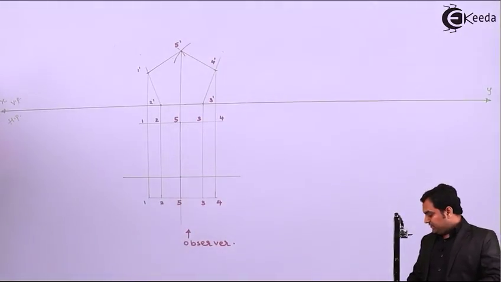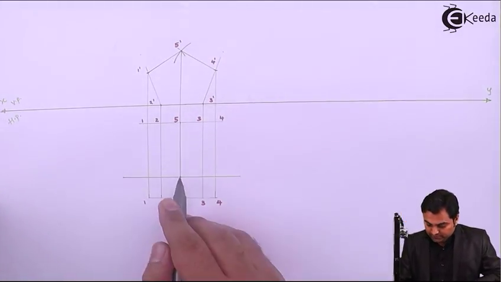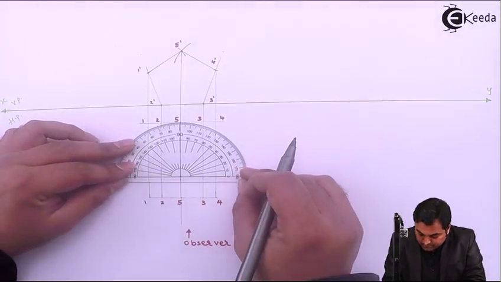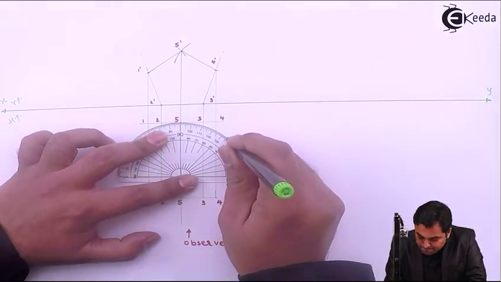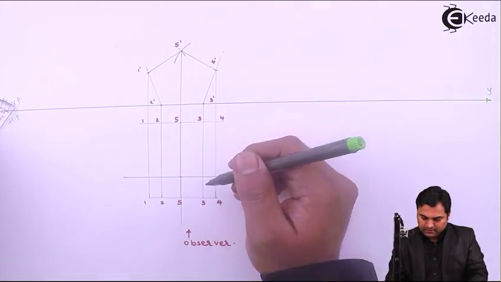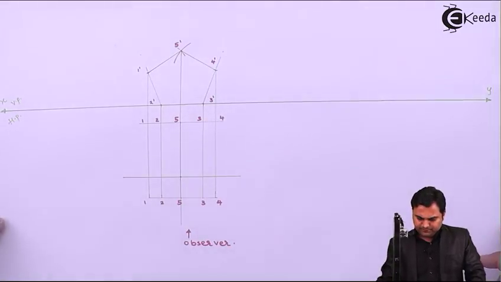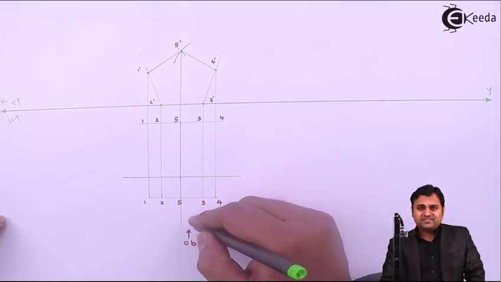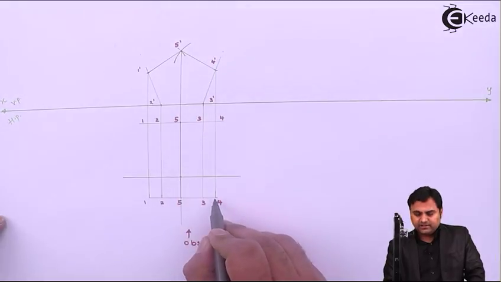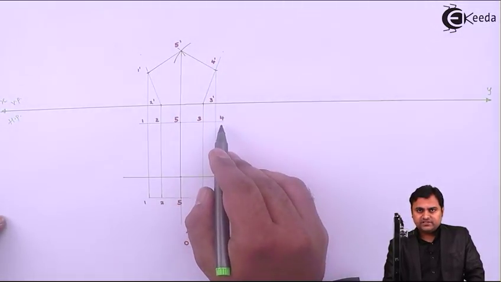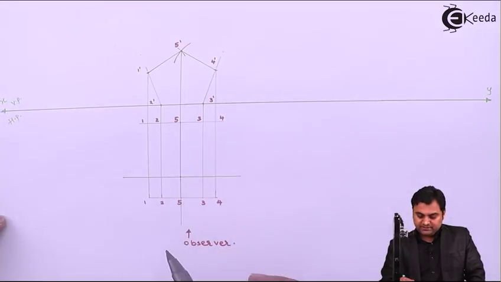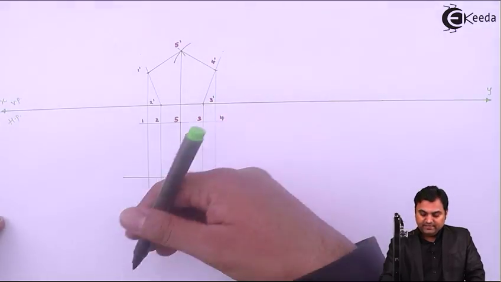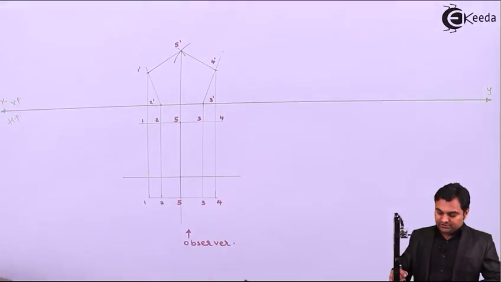and measuring an angle which is given 45 degree to VP. So I'll measure the angle from here. Inclination to VP will be seen in HP. And since when we are plotting it, when we are looking as an observer in this direction, here we have a pentagonal face, this is another pentagonal face, so we have to measure the distance from the base, and that distance will be from the other side because it is going behind the observer, and we want the distance of 20 mm.